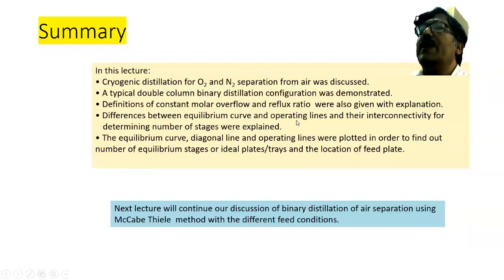Differences between the equilibrium curve and operating lines and their interconnectivity for determining the number of stages were explained. The equilibrium curve, diagonal line, and operating lines were plotted in order to find the number of equilibrium stages, or ideal plates or trays, and the location of the feed tray.